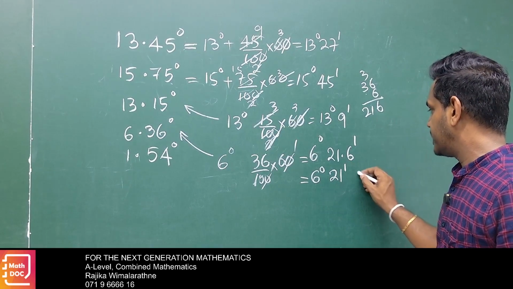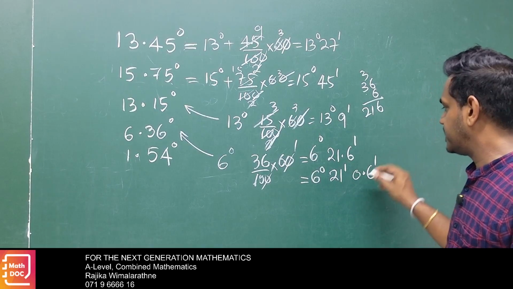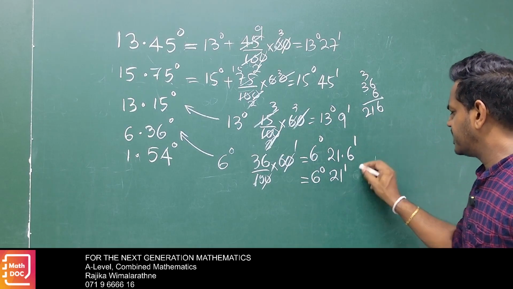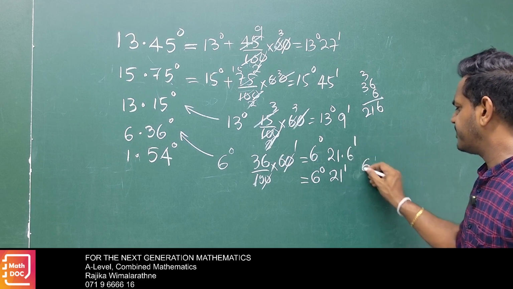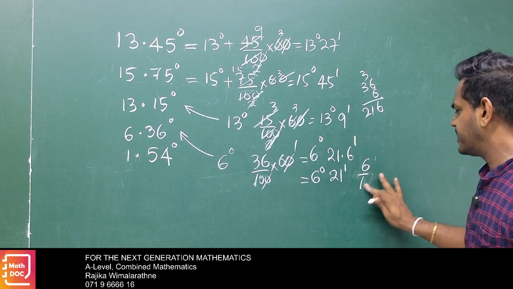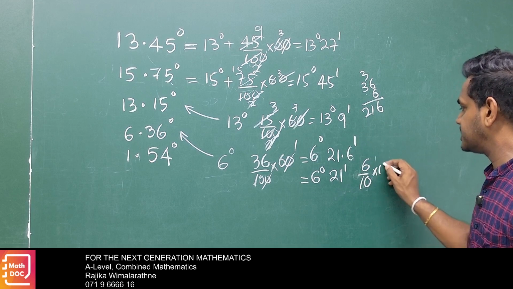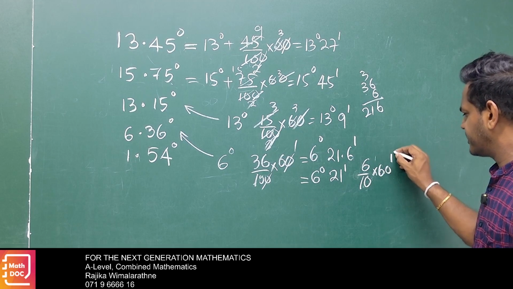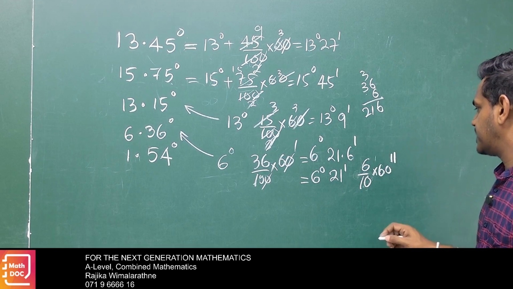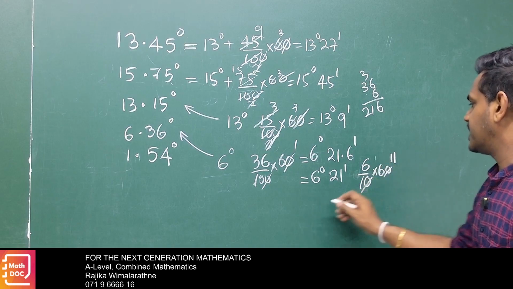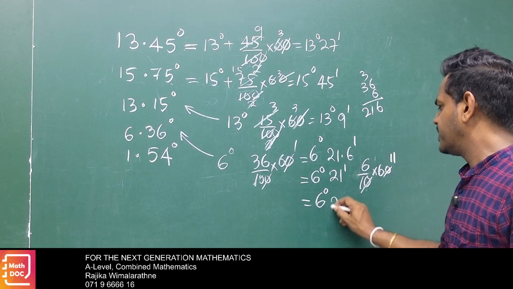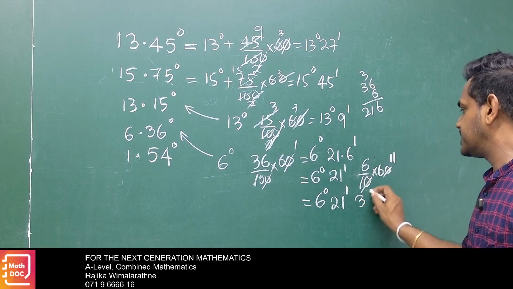Then here 0.6 minute. Then right here 6 over 10, 6 over 10 times 60 seconds. Then 6 degree 21 minutes 36 seconds.